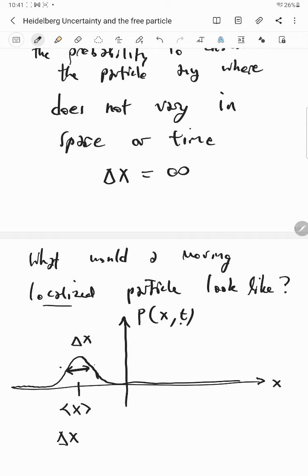So this is where Heisenberg's uncertainty principle is happening, actually. It's sort of at the level of thinking about probability distributions.